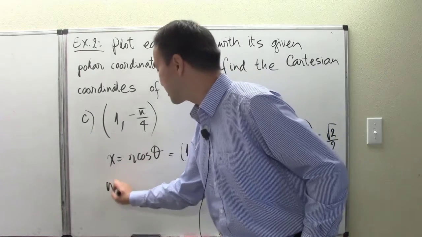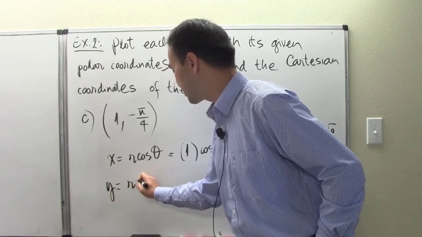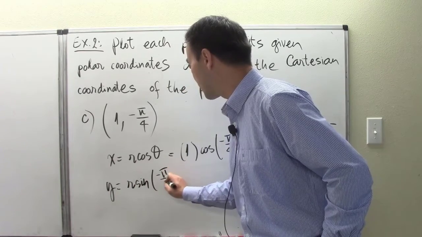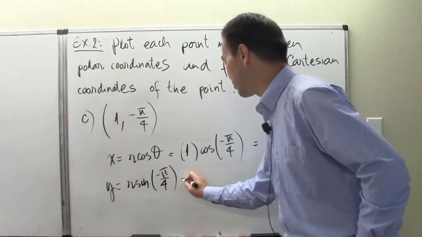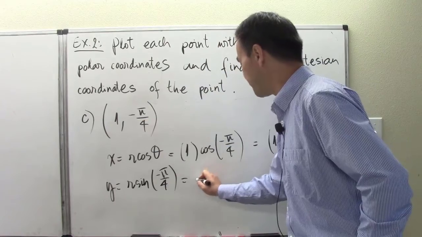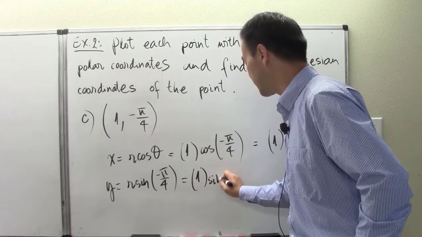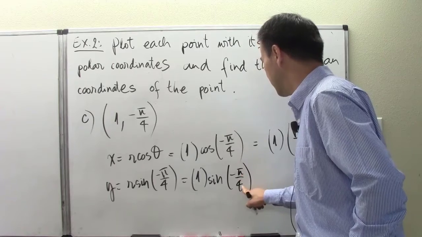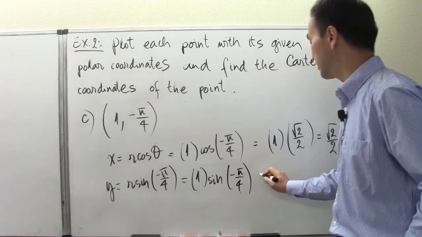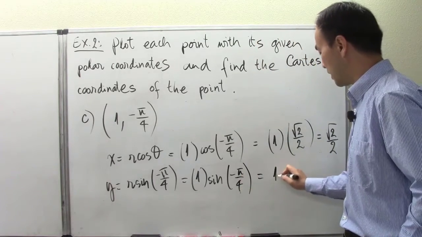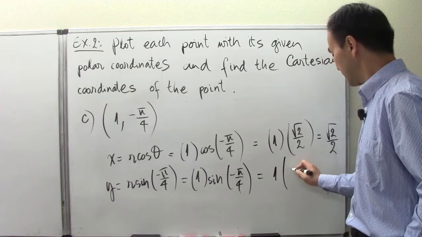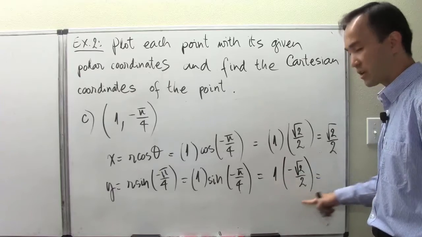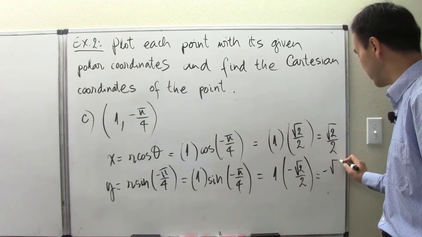The y coordinate has to be r times sine of negative pi over 4. And that is going to be, radius 1 again, 1 times sine of negative pi over 4. That gives me 1 times negative square root 2 over 2, so the y value turns out to be negative square root 2 over 2.